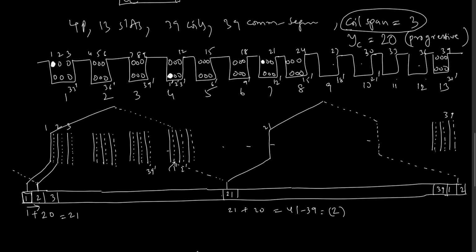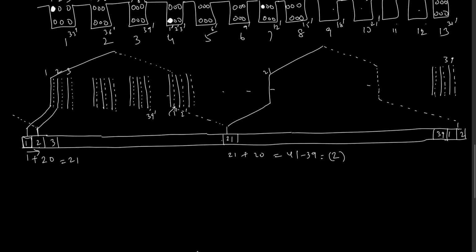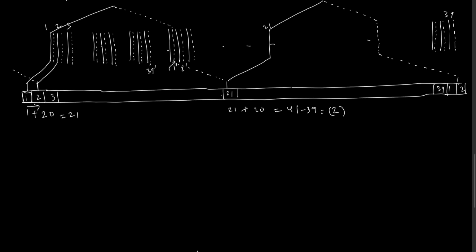Quickly, I'll write down the numbers. Starting from 1, you add 20 and it goes to 21, and adding 20 again it comes to 41, but 41 is not there, so you subtract 39, and it will be 2.